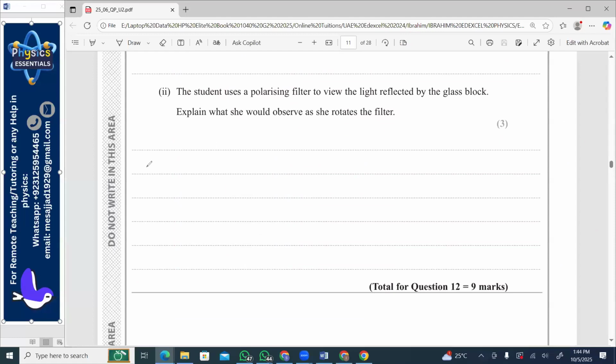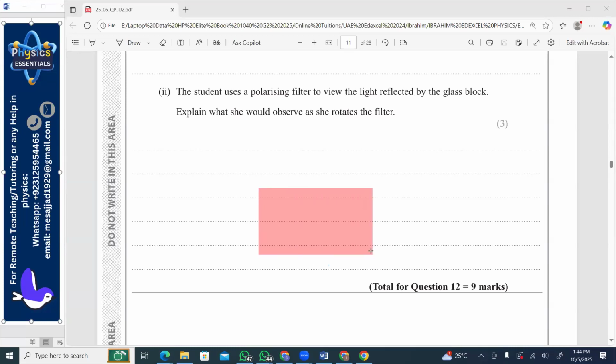The student uses a polarizing filter to view the light reflected by the glass block. Explain what she would observe as she rotates the filter. So here's the block.